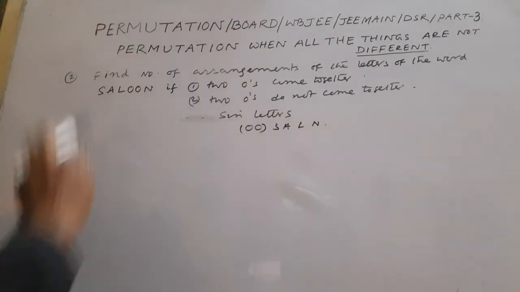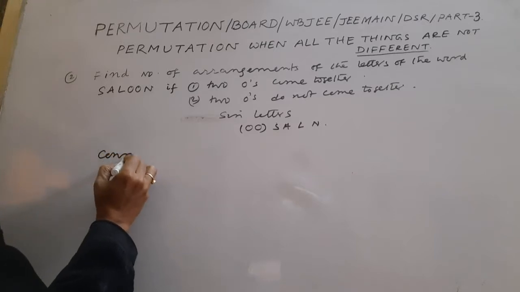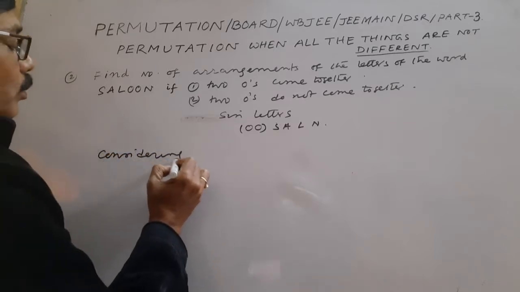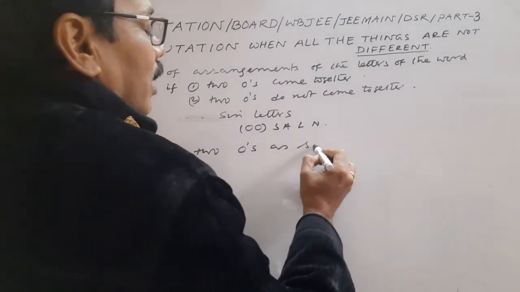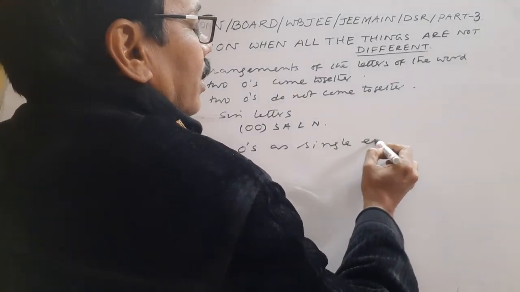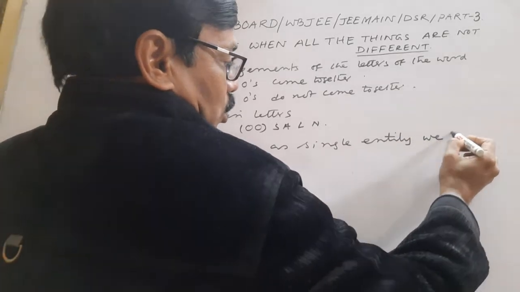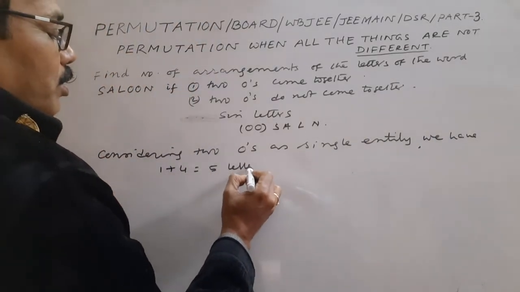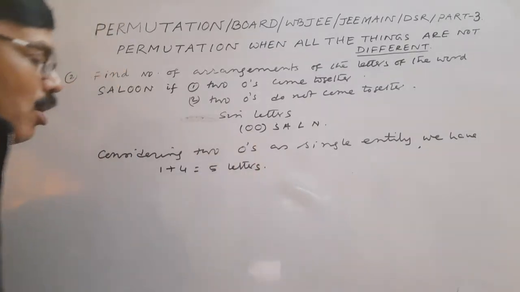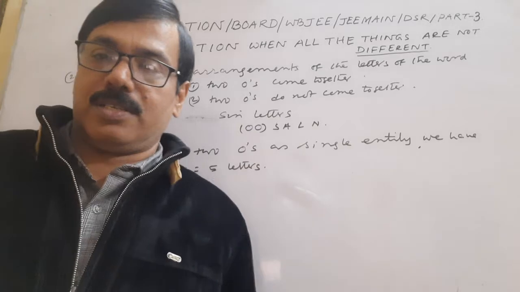Two O's are together. So what is our rule? Considering 2 O's as a single entity, or single one, we have 1 plus 4 equals 5 letters. Out of these 5 letters, this is one letter, no repetitions.